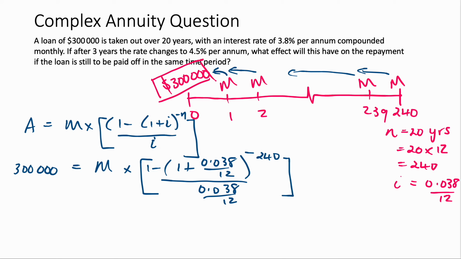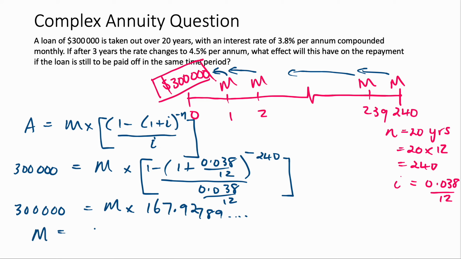Okay, so now we can pop all of that in the calculator just to simplify our equation. And that would give us 167.92789... We're going to hold the full value of that in our calculator for the next step. To find our M, we're just going to divide that over.